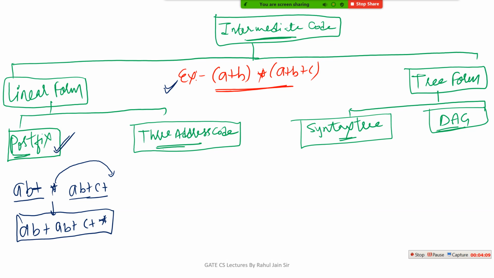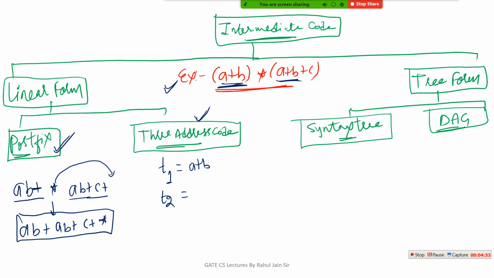If I try to form it under three address code, then I need to take an extra variable, t1, and in t1 I am adding a plus b. So this a plus b is now replaced with t1, and next I am taking t2, which adds a plus b.